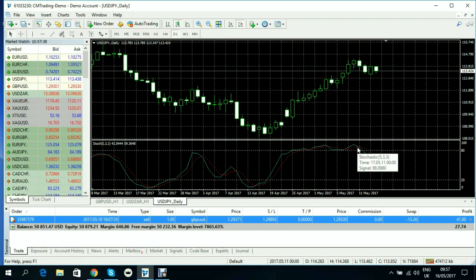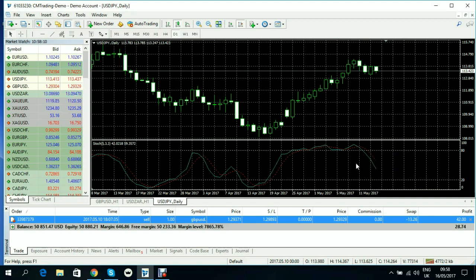Therefore, you may place your trade and wait for the sell, or wait until the stochastic lines cross below the 80, then you place the sell trade.